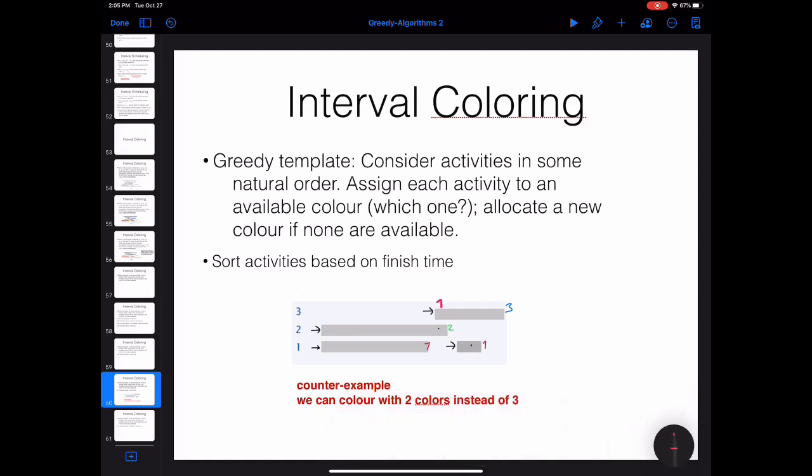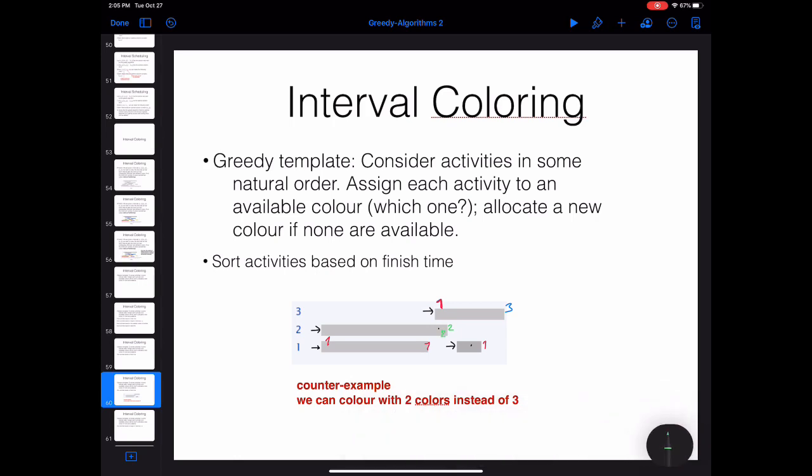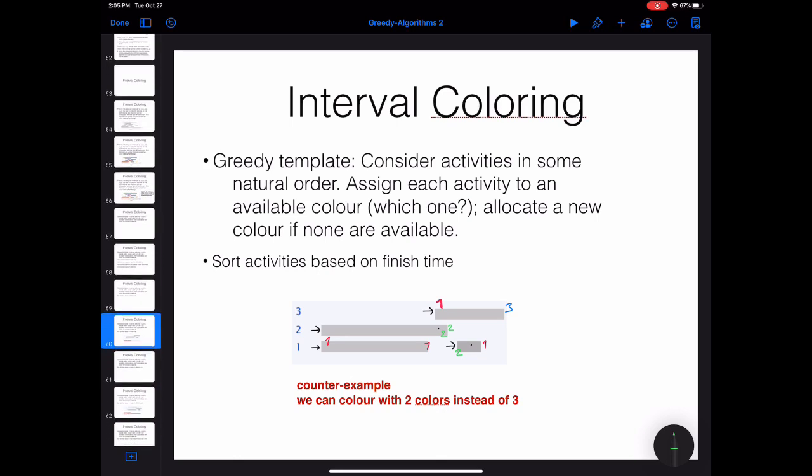For example, color number 1, let's just give a number to the colors. And this one with color number 1 as well. This one with color number 2, and there is no conflict. This one is color number 2 as well. So there was an optimal solution with 2 colors, but this strategy gave me 3 colors.